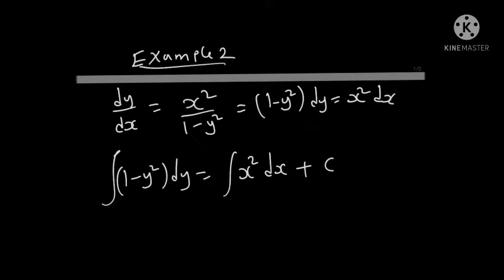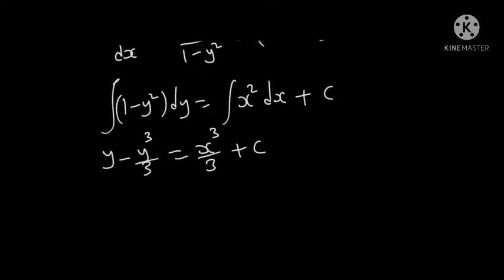When we integrate 1 with respect to y, we get y. So we have y. When we integrate y squared, we get y cubed over 3. So we have y minus y cubed over 3 equals, when we integrate x squared, we get x cubed over 3 plus constant c.